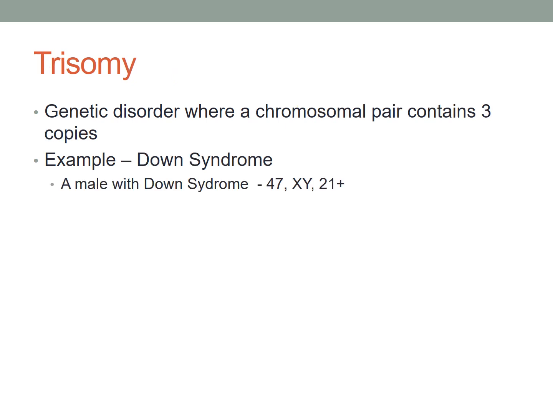Conditions of having 3 chromosomes of a particular type is called a trisomy. A common trisomy in humans is Down syndrome, or trisomy 21. A male with Down syndrome is designated as 47 XY 21 plus.